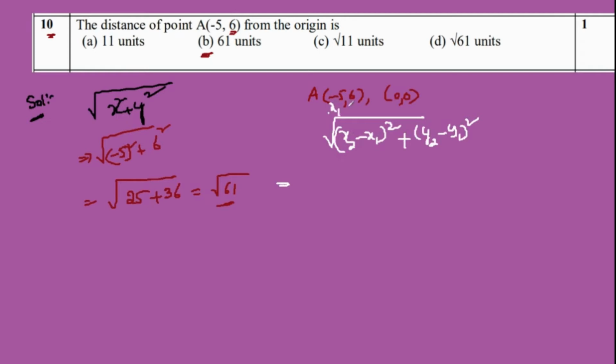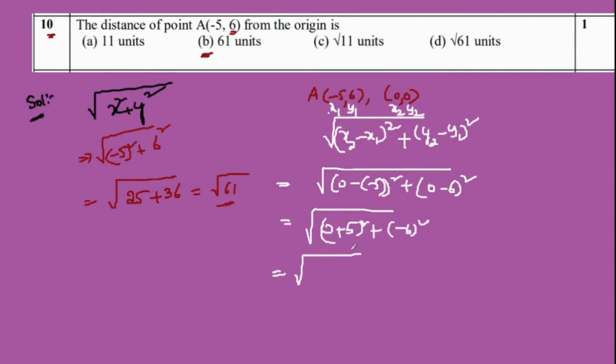We'll represent point A with x1, y1 and point B with x2, y2 and replace them in the formula. x2 is 0 minus x1 which is minus 5, whole square, plus y2 is 0 minus y1 which is 6, whole square. 0 plus 5 is 5. 5 square value is nothing but 25 and minus 6 square value will be plus 36. 25 plus 36 is root 61, which is the same answer.